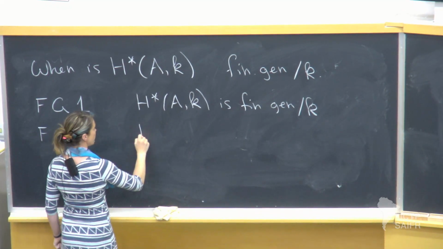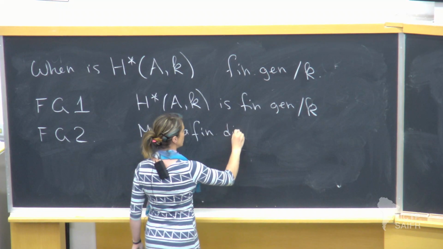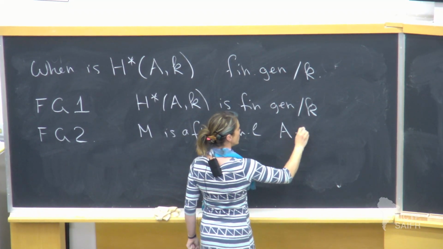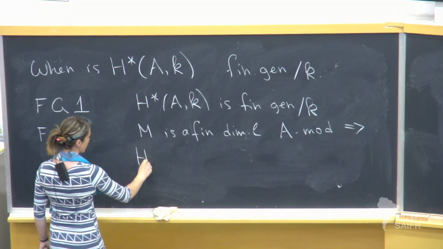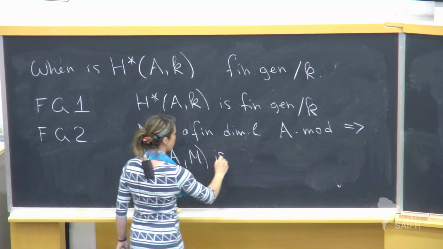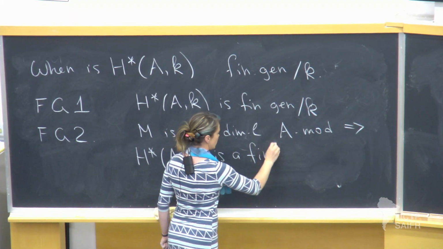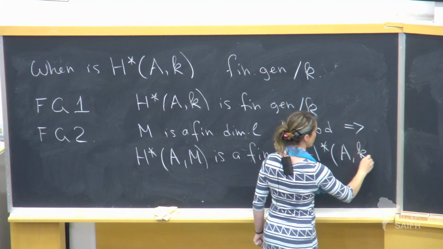It says that if M is a finite dimensional A module, then H star A M is a finite H star A K module.